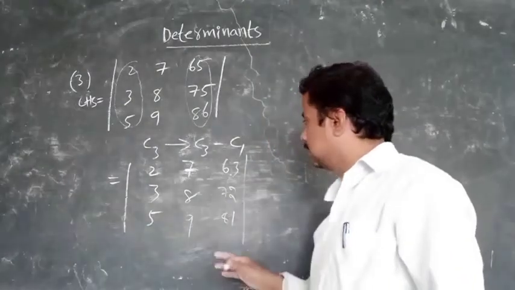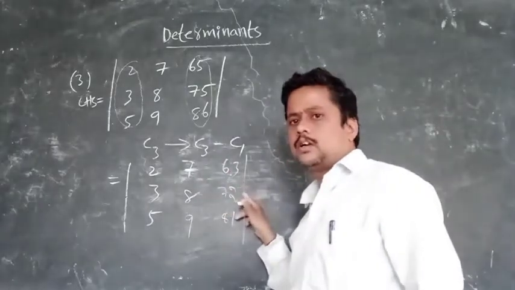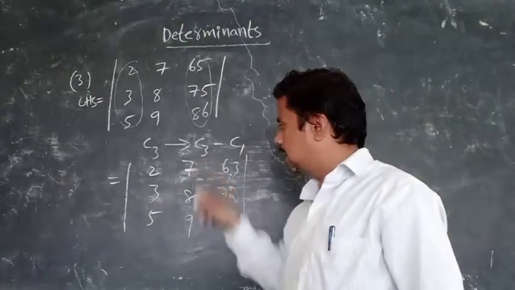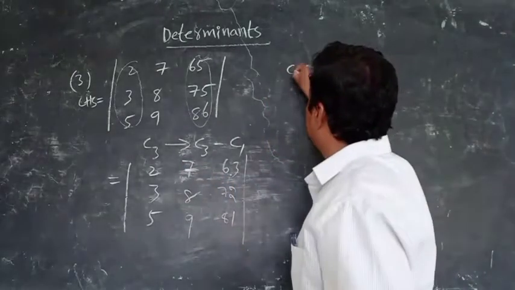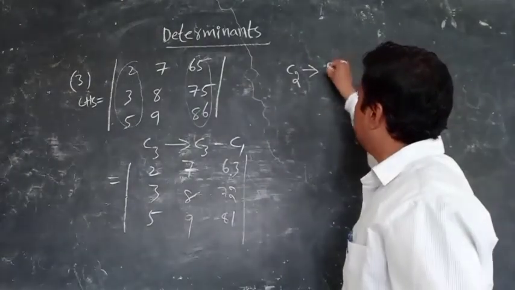Next, you have to analyze. Let us consider C2, and 9 into C2.